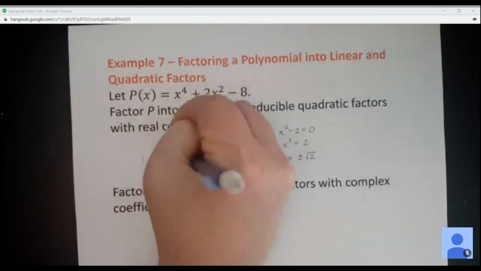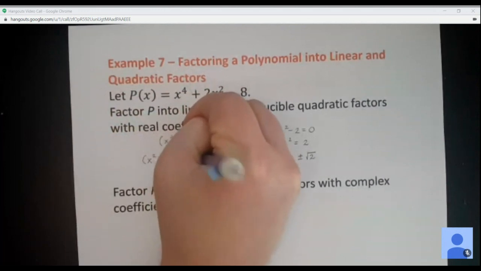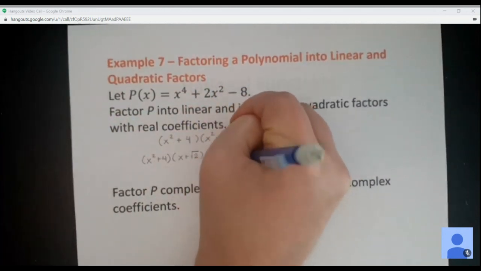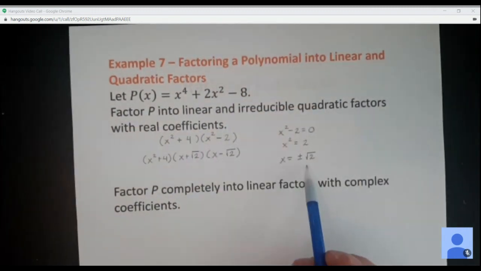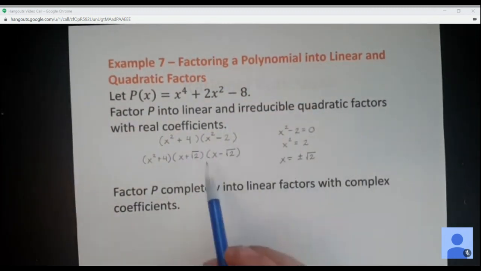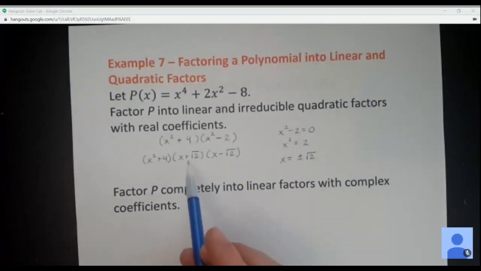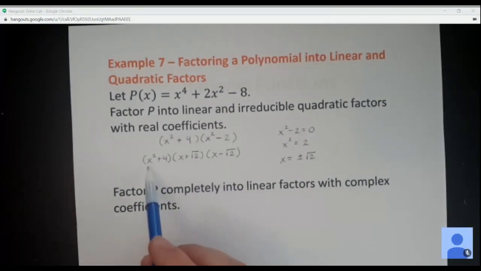So we're going to have x plus the square root of 2 times x minus the square root of 2. Remember, these are two zeros, positive square root of 2 and negative square root of 2. And so these would be the two factors that would come from those zeros. So this is now factored in terms of our linear and irreducible quadratics. These two factors are linear because they're x to the first power, and this one right here is an irreducible quadratic because we can't factor that any further without using imaginary numbers.